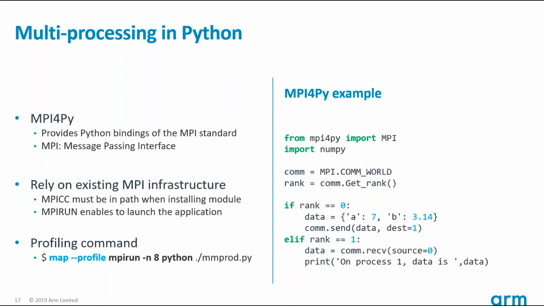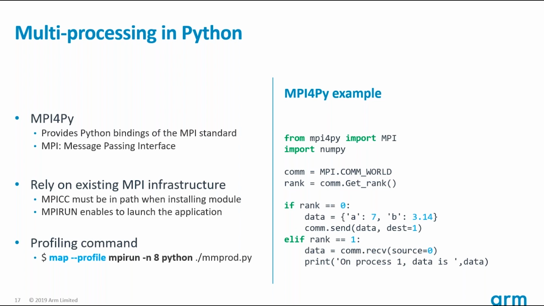In Python, mpi4py provides a straightforward interface, as you can see on the right, to send and receive messages. To run mpi4py applications, you will need to use a launcher called mpirun before your Python command. This will distribute the computations on a specified number of processes.